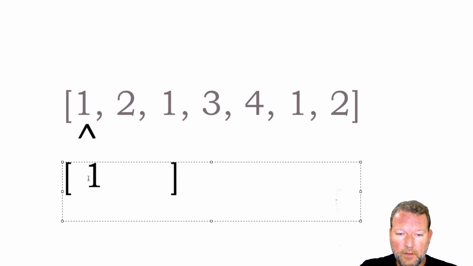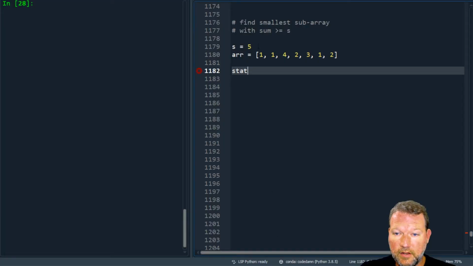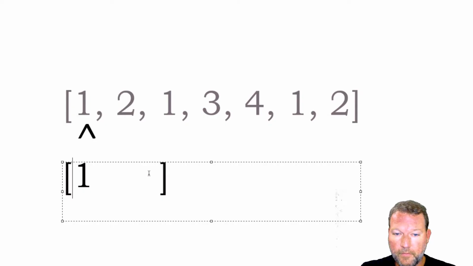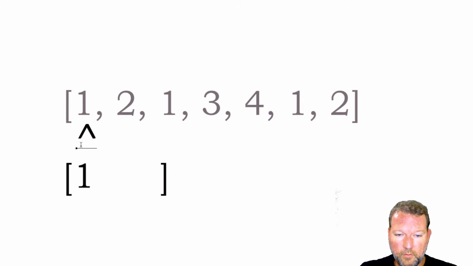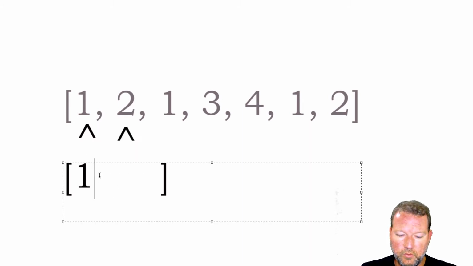First we're going to test, and we're checking against 5, correct? So the sum is, of course, 1. Then we're going to add 2 to our array.